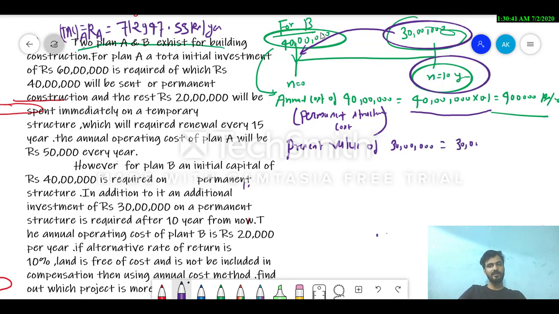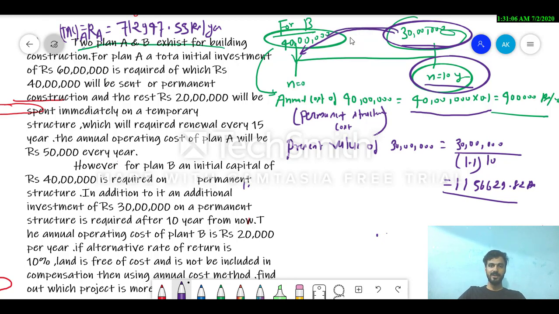This is not an annuity concept, you only have to follow the basic things: 30 lakhs divided by 1.1 to the power 10, and my dear student, you will get 1156629.82 rupees. You have calculated the present value because you are going to invest 30 lakhs rupees at n equals 10 years, so you converted it into its present value.